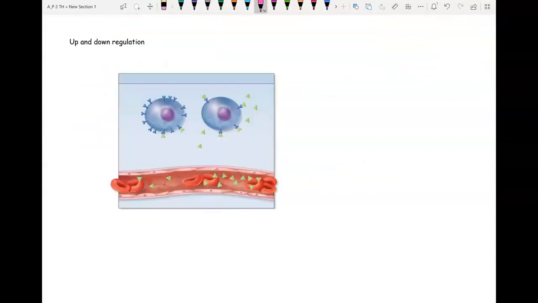Now we're going to look at some more of the interaction between hormones and their target cells. So here is a target cell, and it's the same in both pictures. So here's another target cell. The blue Y-shaped things are the receptors, and all these green triangles are the hormone.